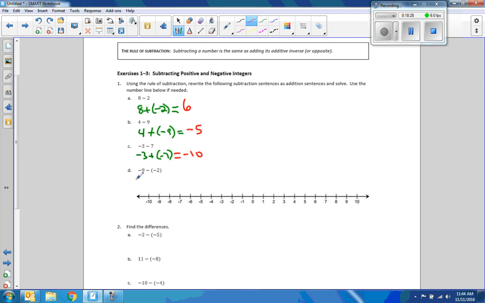This one, negative 9 minus a negative 2 plus 2. Remember, removing a negative is the same as adding. So negative 9 minus negative 2 is negative 9 plus 2. So think of it as negative 9. And then we're going to remove the negative 2. So in other words, we're going to add 2. And we end up at negative 7.